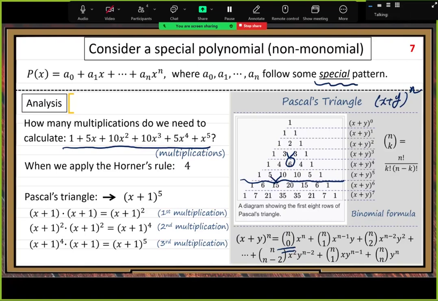The reason is that we take advantage of the special structure, Pascal's triangle structure. So in our homework number 1, after a few weeks, we need to build up.